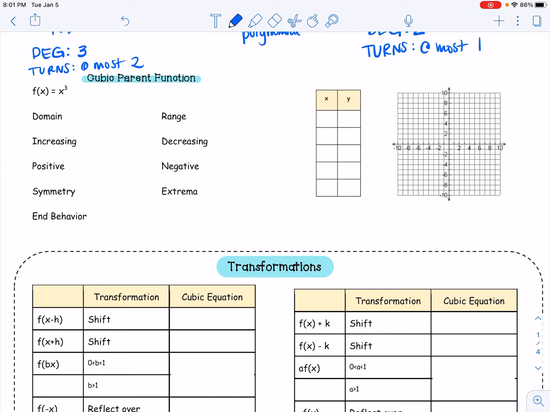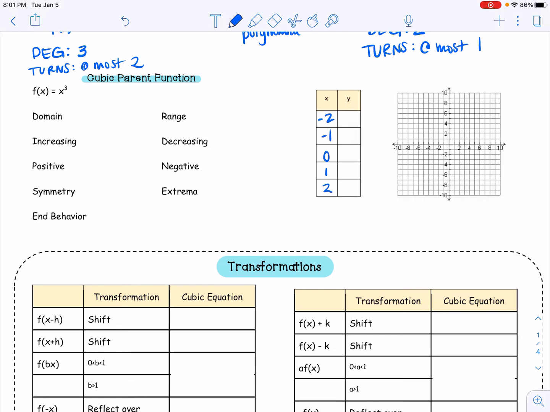As always, I like to create a table of values, plot that, and then based on the table and the graph, answer the characteristics, with domain, range, increasing, decreasing, etc. Because I like to get an idea of the graph on both the left and the right side of 0, the negative and the positive, let's choose -2, -1, 0, 1, and 2.